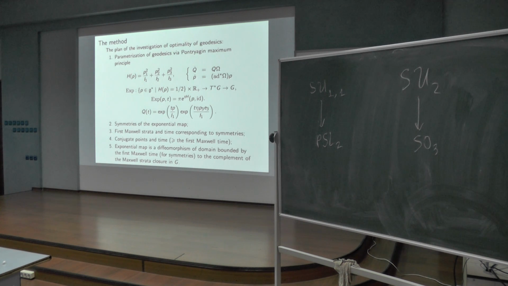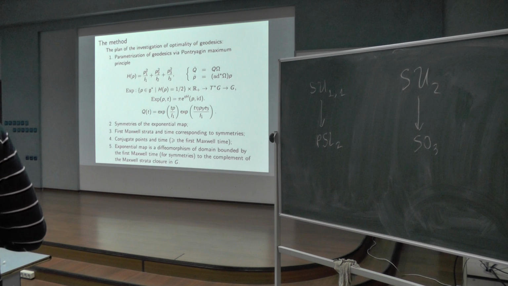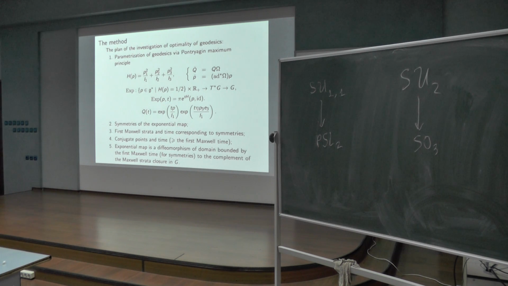It maps the level surface of the Hamiltonian that corresponds to the geodesics with natural parameterization, and this level surface turns into the time line.